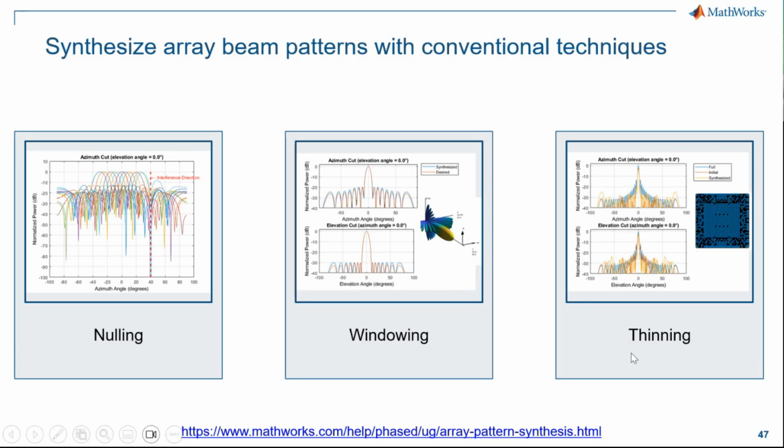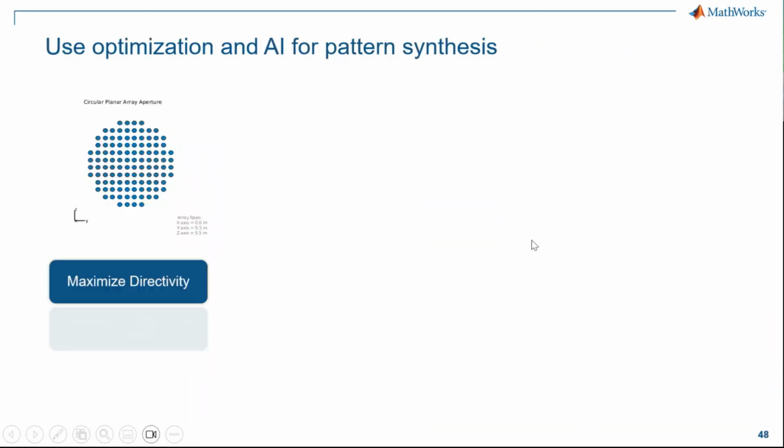So there is something called thinning, to see how many of these radiating elements I can remove. Of course it removes weight, consumption, and electronics, so it reduces the cost a little bit, and still keeps a proper radiation pattern and proper performance. So those are a few of the use cases that are available.